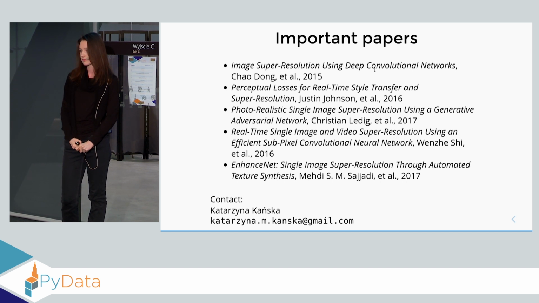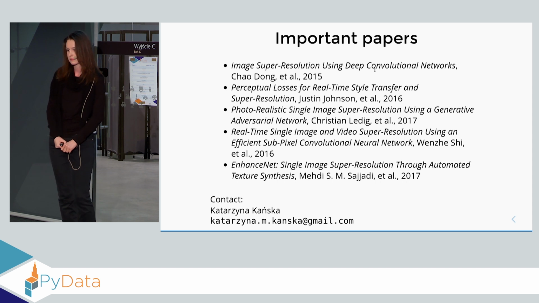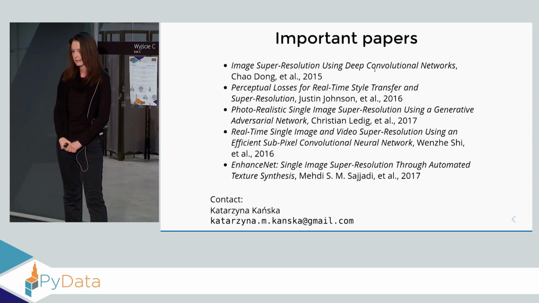Okay, so questions. I would like to ask if you applied your super resolution models to real images taken by two different cameras, for example, because usually you take a high resolution photo and degrade it in various ways.